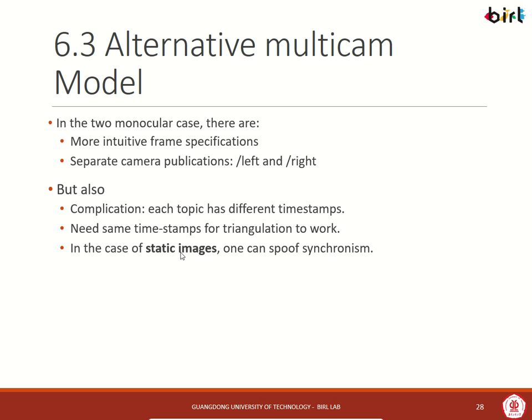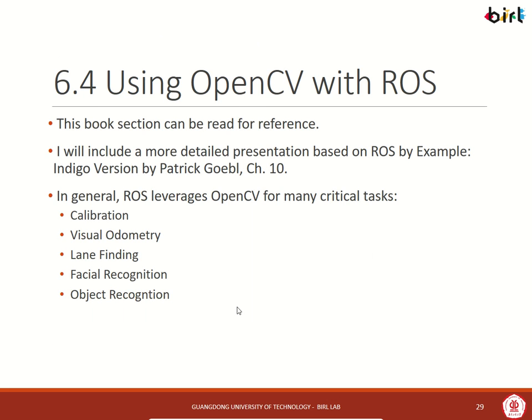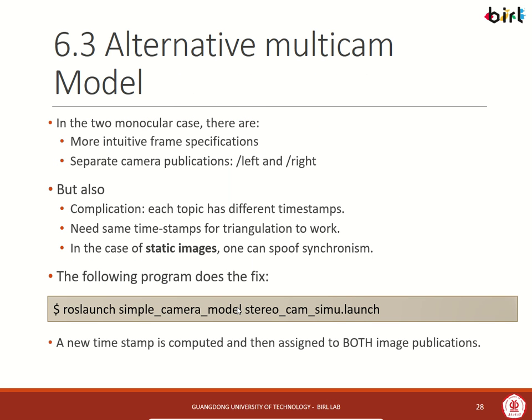If you have static images, in this program, what you can do is compute a new timestamp and then copy that value to the messages that you're going to publish, and then publish them there. Something like that. I won't go through the details of the code.